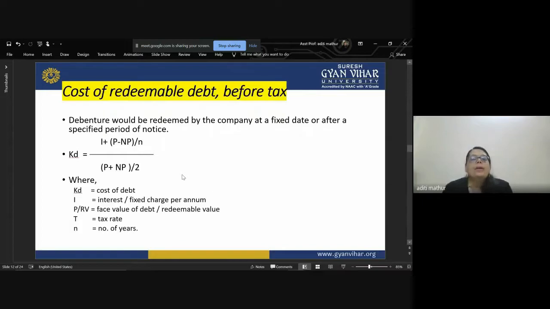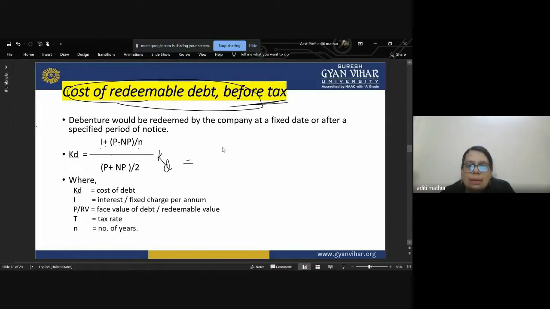Now let us just talk about the calculations for the cost of redeemable debentures. Then again, we will do it for both before tax and after tax. But let us just understand the terminologies and formula for redeemable debentures. So in the case of redeemable debentures, before tax, KD is equal to interest plus face value or the principal minus net proceed divided by n, whole divided by principal or face value plus net proceed divided by 2.